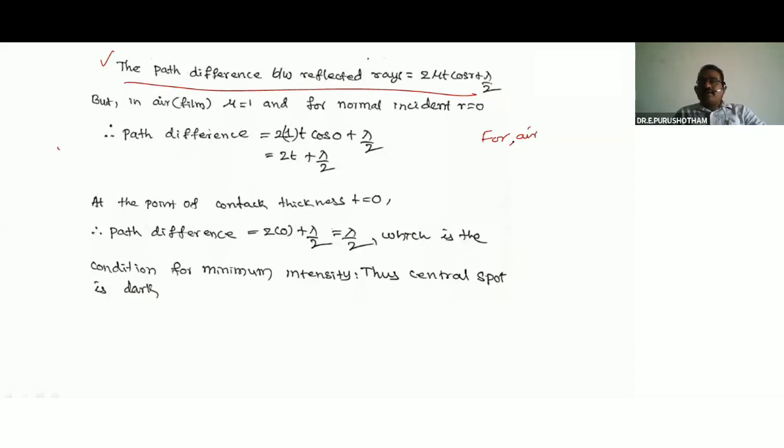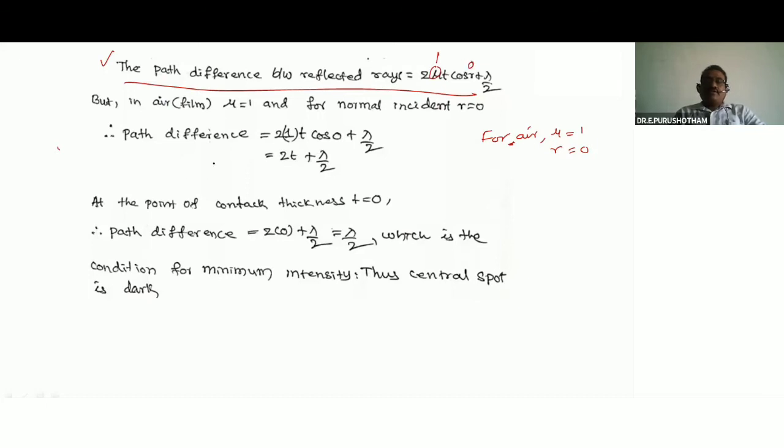For air, the refractive index mu is equal to 1. For normal incidence, there is no refraction, so small r is equal to 0. The refraction angle is 0. So substitute mu equal to 1 and r equal to 0.